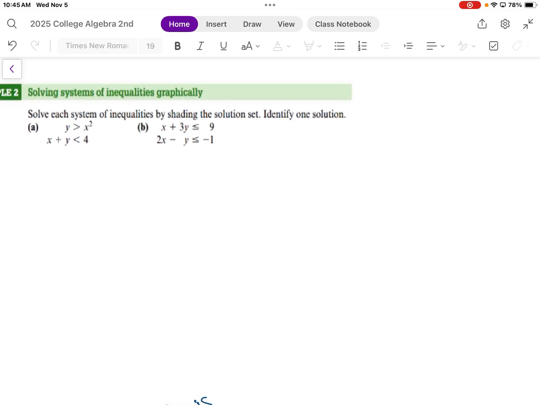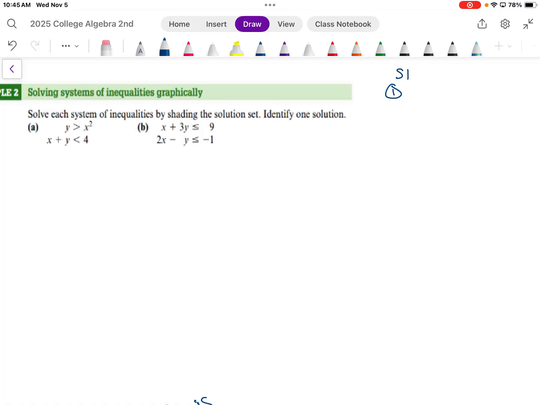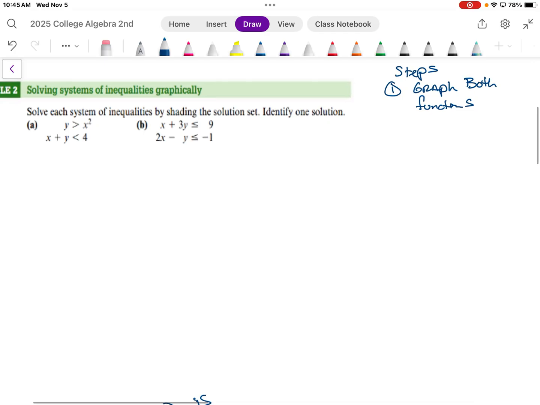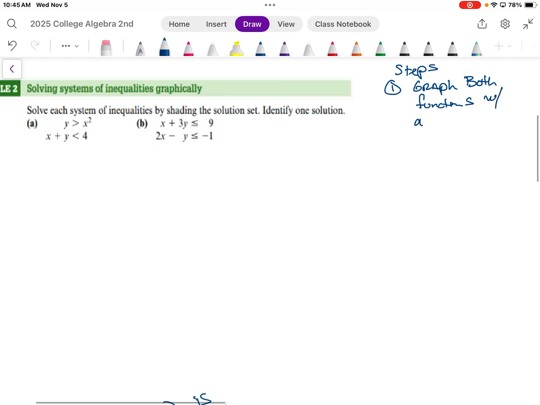First, the first thing you're going to do for steps: one, graph both functions with the appropriate type of line. So again, dashed or solid.